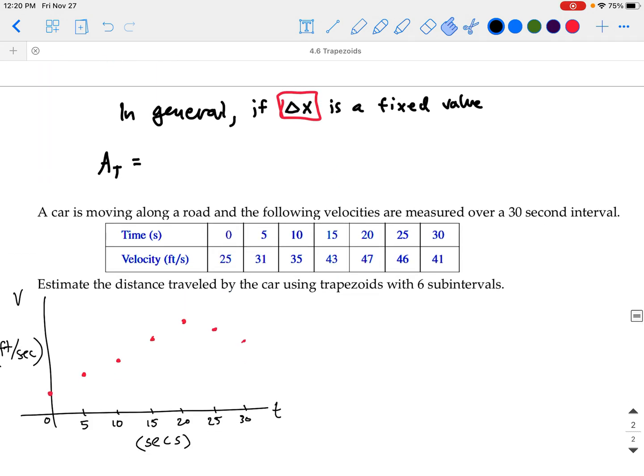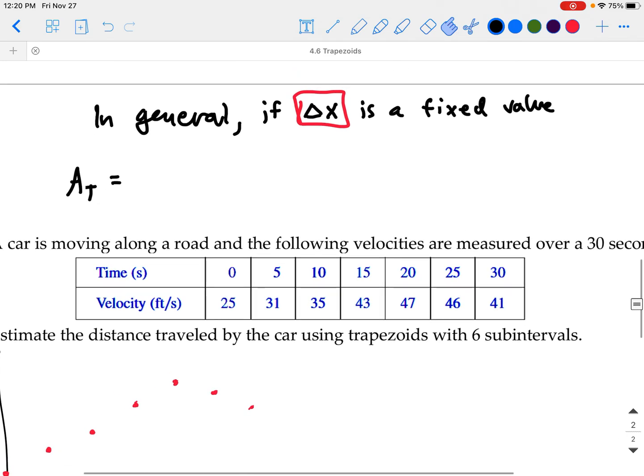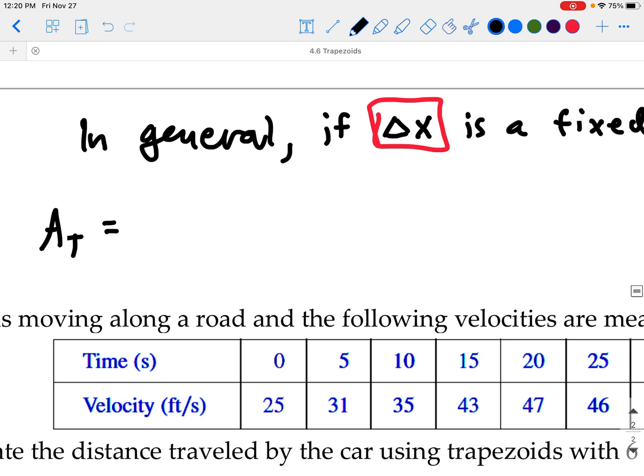So for the generalization, let's just note that our general trapezoidal rule, if delta x is fixed, is going to be delta x divided by 2, so 1/2 times delta x. And then we'll have f of x0, where that's our a value, our left endpoint.